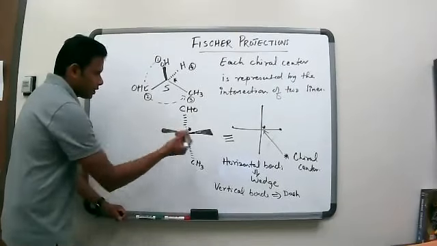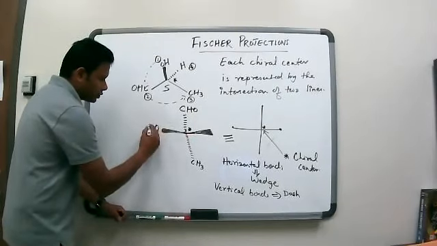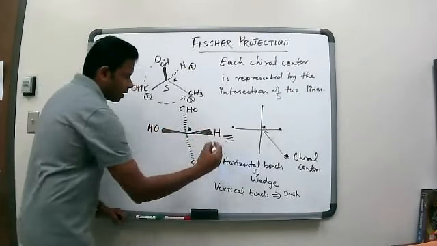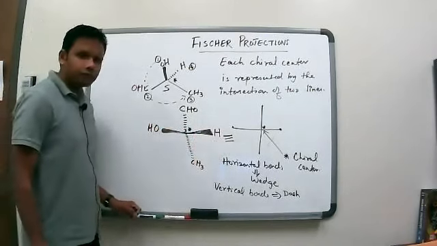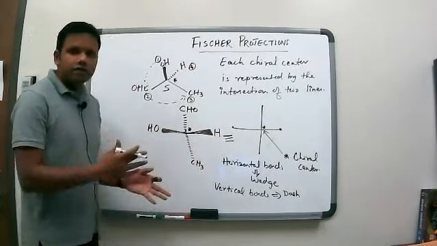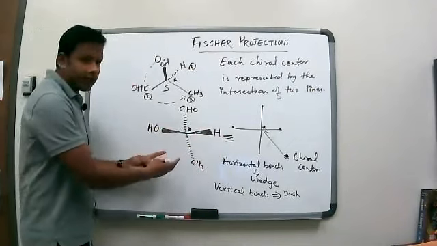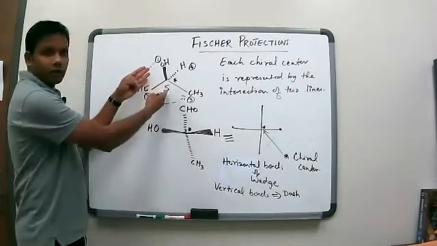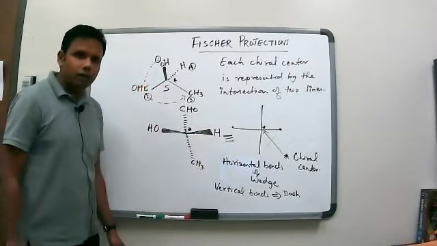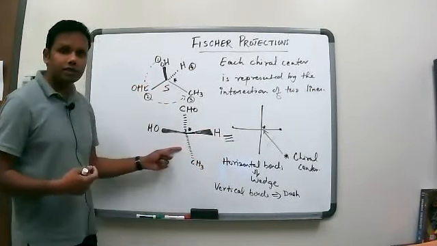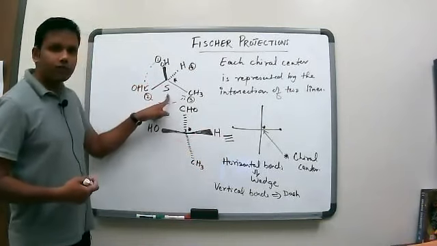Okay, so let's say I put the hydroxyl group here, and I put the hydrogen over there. Okay, and I've just arbitrarily done that. And we will now evaluate if we actually got the same molecule or not. How would we know that? What would tell me if I've drawn the same molecule or not? It's the configuration.